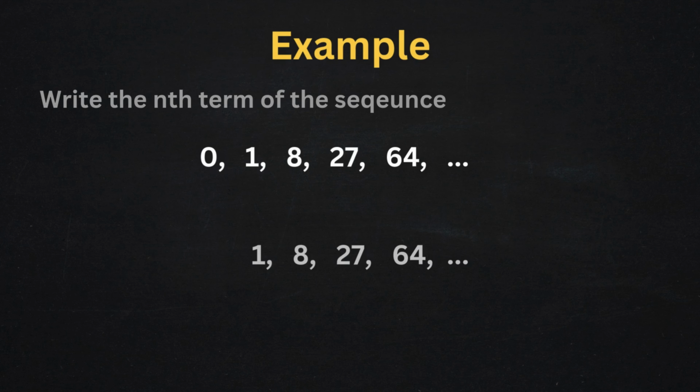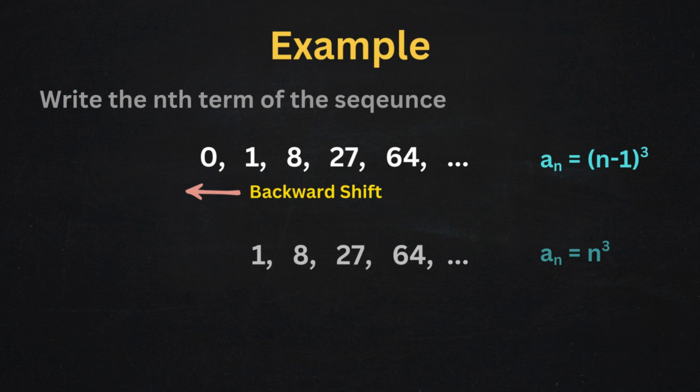But our sequence is starting from 0, so this is a shifting towards left. It's called a backward shift. Backward shift means you move before the original first term. It can only go 1 step backward from 1 to 0. So instead of n, you'll put n minus 1. Originally, it was n cubed. Now it becomes (n minus 1) whole cubed.